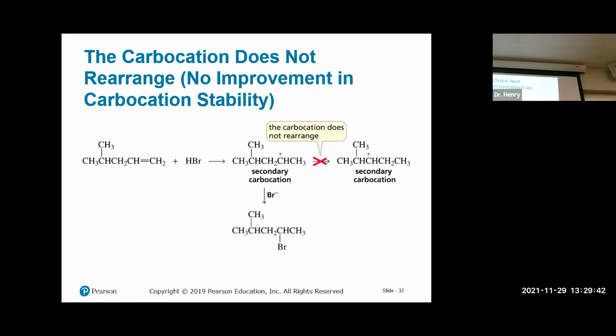So it's a lot harder to transfer that hydride or that methyl group over if there is another saturated carbon between them. So it won't be able to do that, and you're not going to get that formation. In that case, the only product that you're going to get is this product.